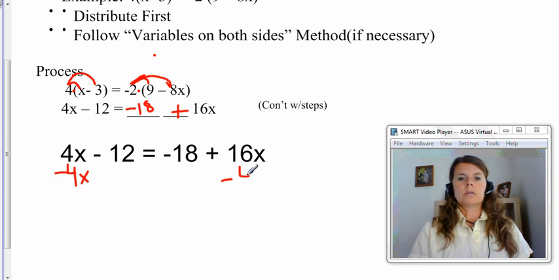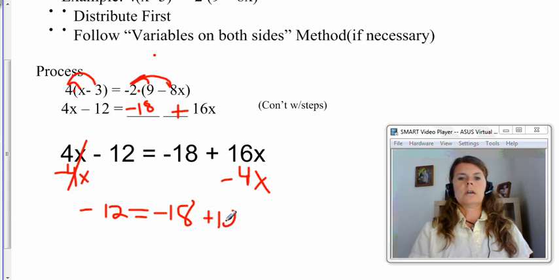So we're going to remove the 4x by minusing the 4x on both sides of the equal sign. Now we get negative 12 equals negative 18 plus 12x.